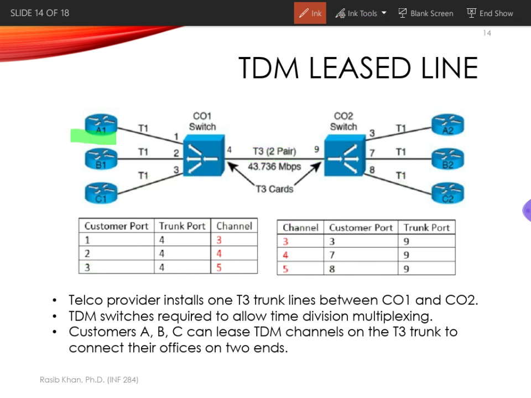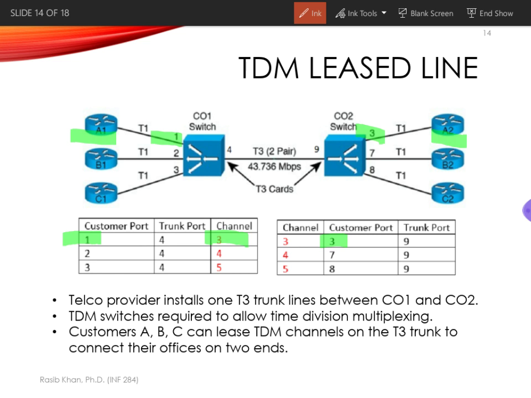Let's say, for example, customer A would like to connect A1 and A2, which are in two different locations. So it will now rent customer port 1 on the central office 1 switch, and it will rent port number 3 in the other switch.